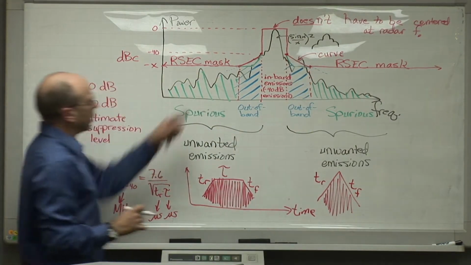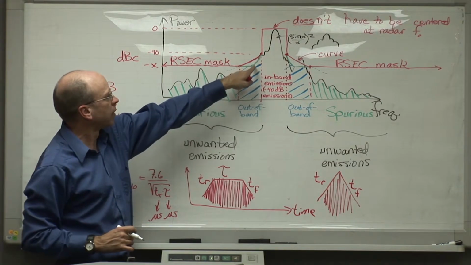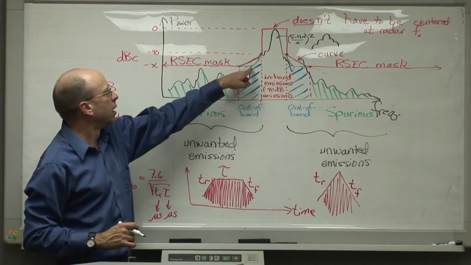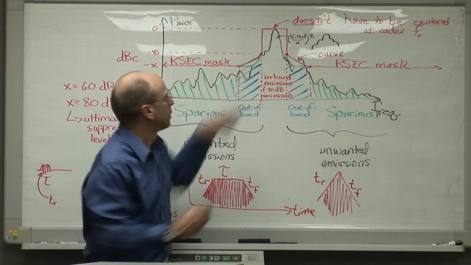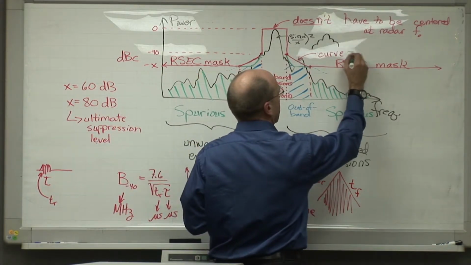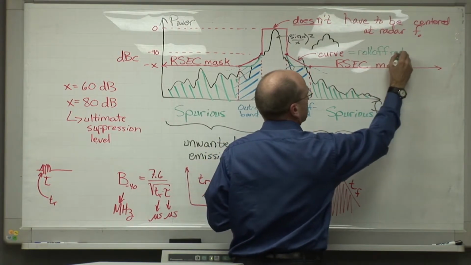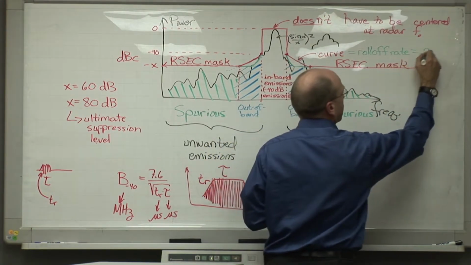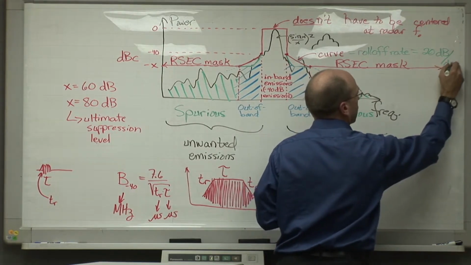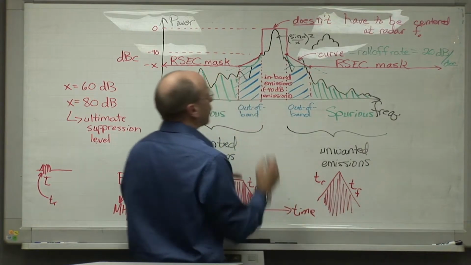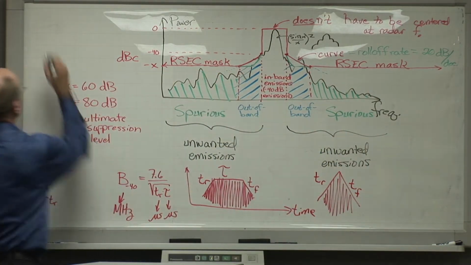Like so. In other words, we could say that the mask needs to come down at a steeper rate right here, down to that ultimate suppression point. And in fact, this roll-off rate right now is equal to 20 dB of roll-off per decade. But we could make it roll off at a steeper rate. I'm going to go back over here, roll-off rate.